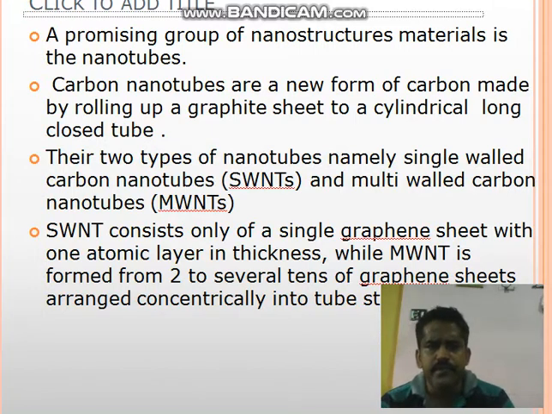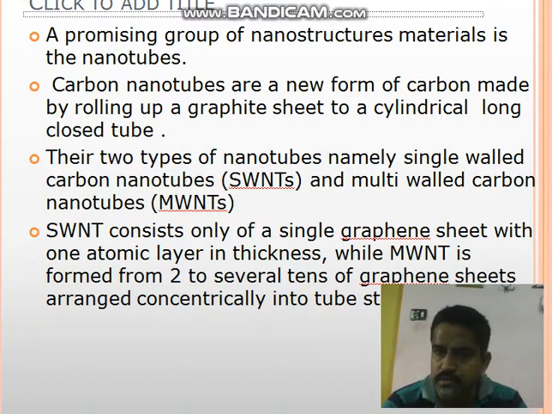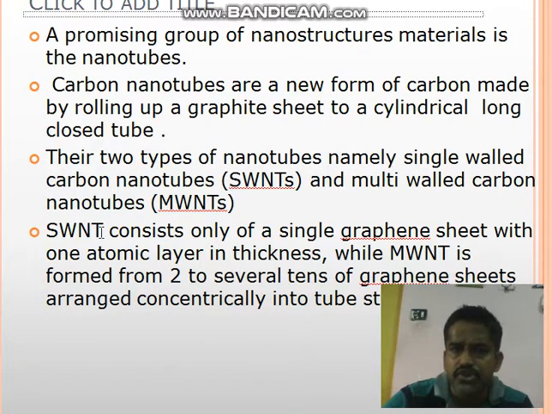There are two types of nanotubes: single-walled carbon nanotubes, denoted by SWNT, and multi-walled carbon nanotubes, MWNTs. A single-walled nanotube consists of only a single graphite sheet with one atomic layer in thickness.